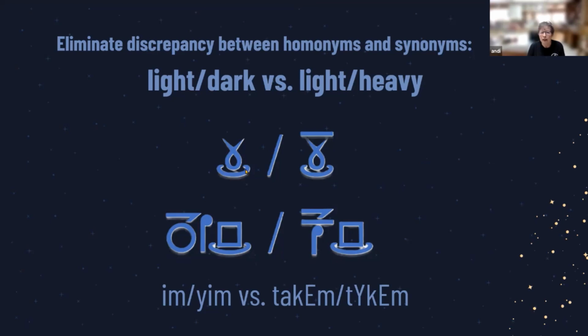And quality, this is a symbol for quality, is the adjective ending. So light, quality, would mean light or bright. And the opposite, with a negation above it, is dark.